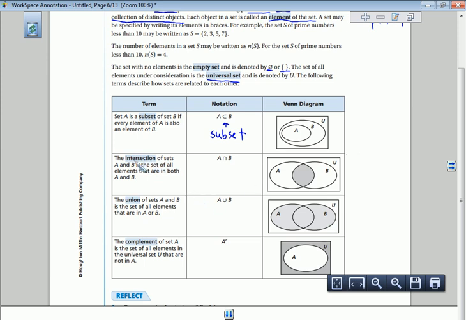Okay, intersection and union. Have you guys already seen intersection and union before? Anyone? Okay, intersection of sets is the set of all elements that are in both. What do they have in common? And when you do a Venn diagram, that's this part in here, what they have in common. And sometimes with our Venn diagrams, we might have numbers out here.